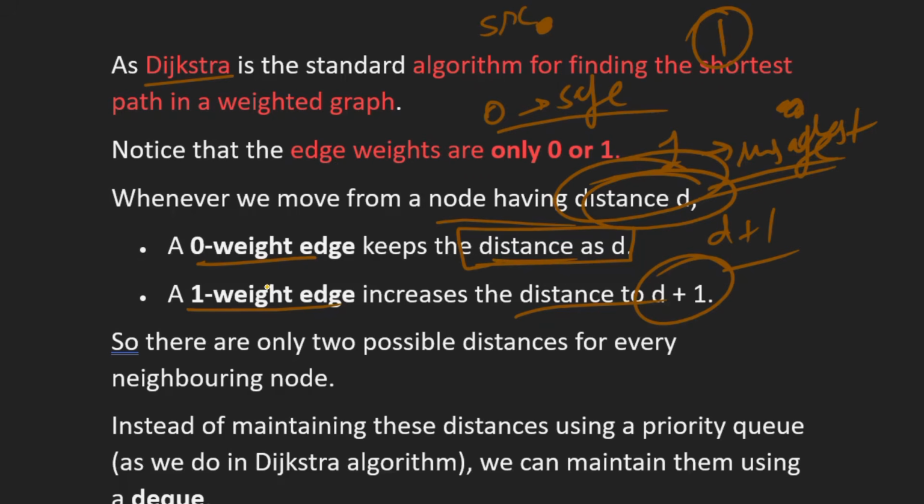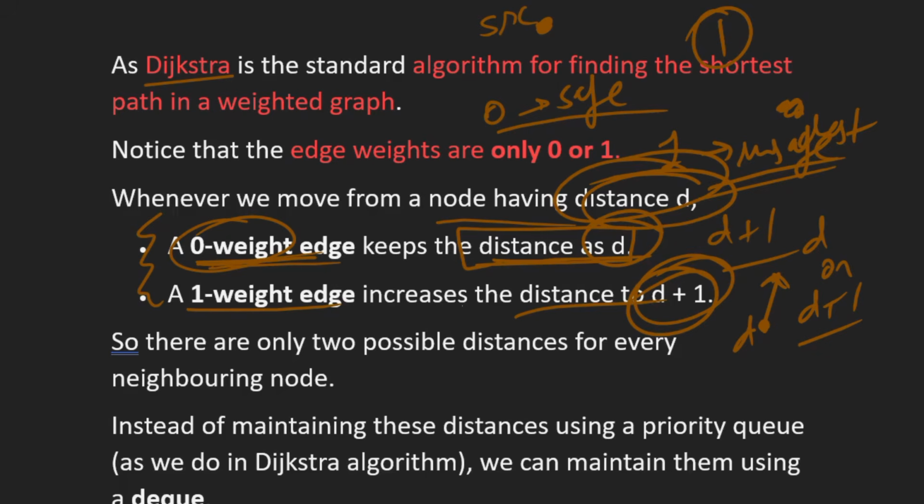So when we move to a cell whose edge weight is 0, our damage will be d only, else it will increase to d plus 1. So we have only two possible distances: if the current damage is d, then the damage is either d or d plus 1.